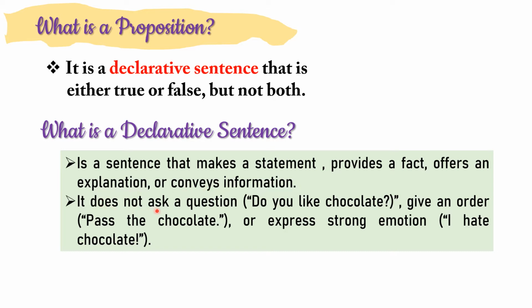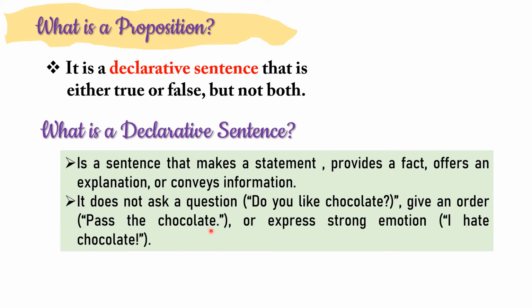Also, it does not ask a question like, do you like chocolate? Since this sentence is an interrogative sentence since it's asking a question. Or it does not also give an order like pass the chocolate please, since the sentence here is an imperative sentence.